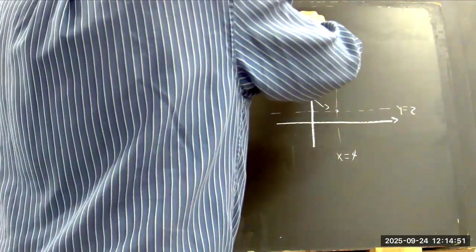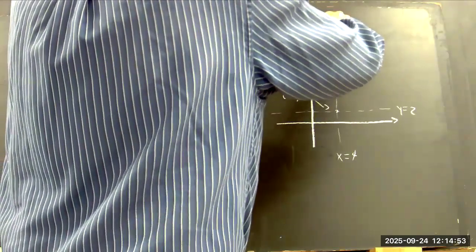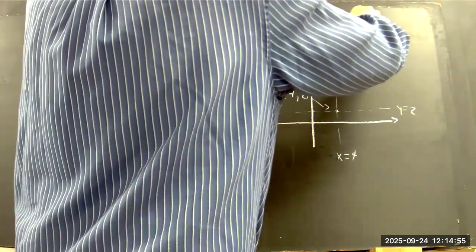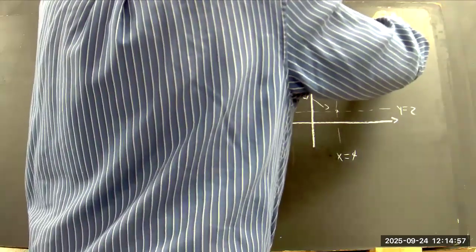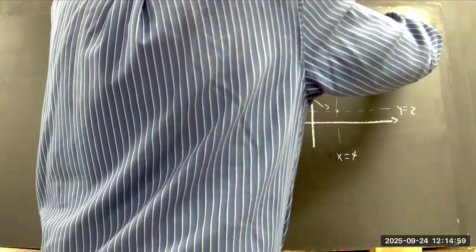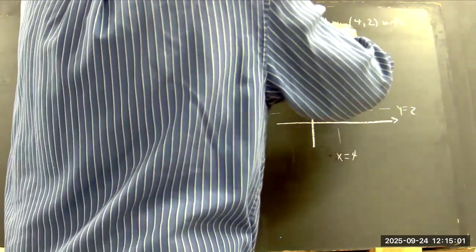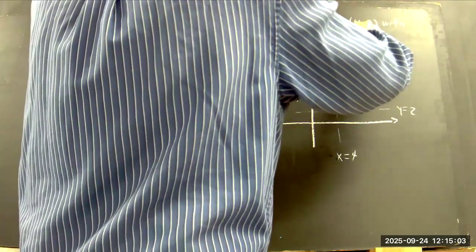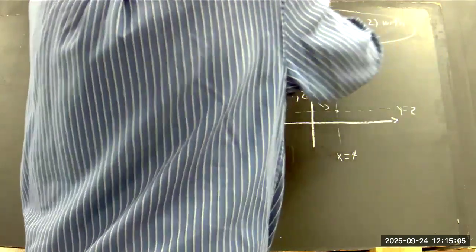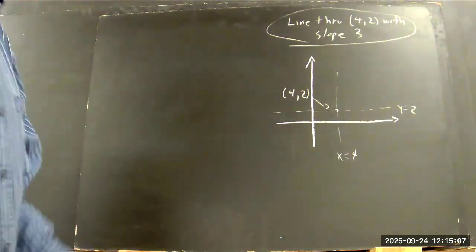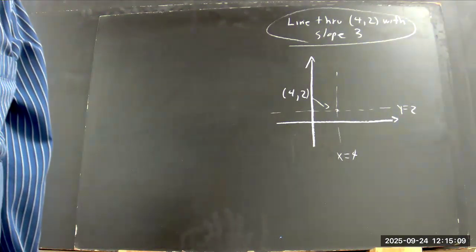So a line through the point 4,2, with a slope of 3. Okay.